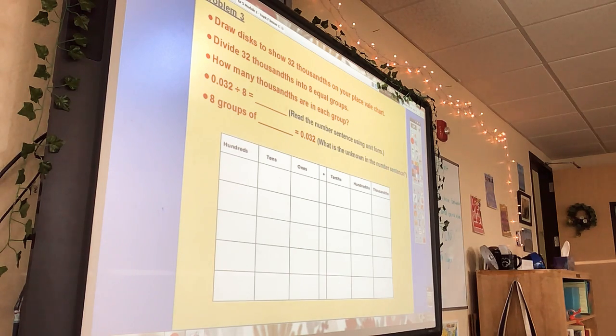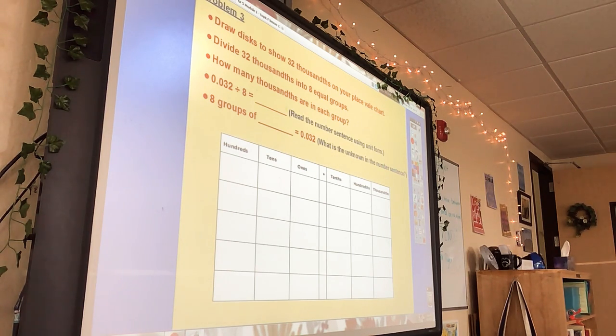And then we divide them into 8 equal. Make sure you're helping each other out, okay? If someone in your group is stuck, you've got to help them out. You should be in 32, and then you should be into 8. No, the thousands. We should be in the thousands.